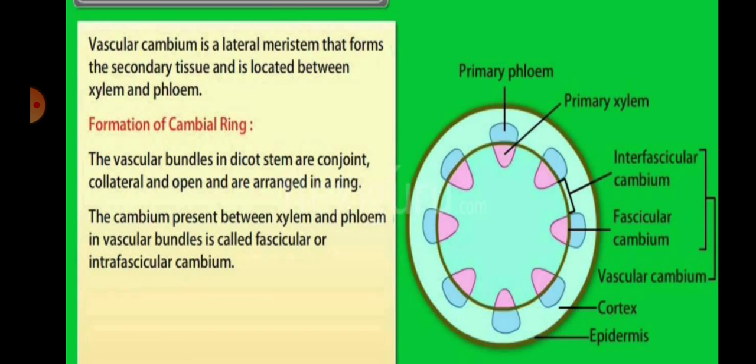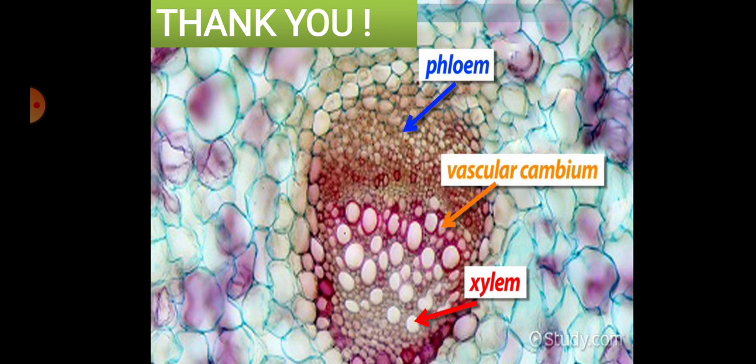So collectively, this cambium is known as vascular cambium. The vascular bundles in dicot stems are conjoint, collateral, and open, and are arranged in a ring. The cambium present between xylem and phloem in the vascular bundle is called fascicular or intrafascicular cambium.